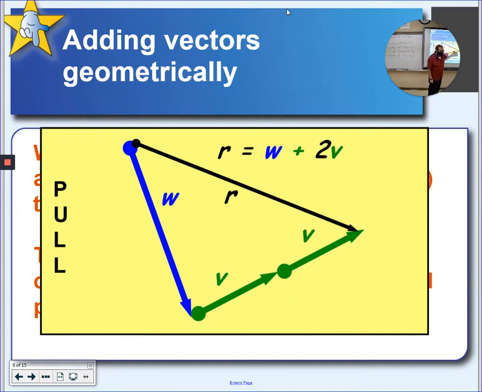Question. Shoot. How do you know which direction to point V? Well, keep in mind, each of these has an x and y component, right? I don't know what the numbers are going to be, but V would have a positive x and a positive y, because the x is going this way and the y is going this way.